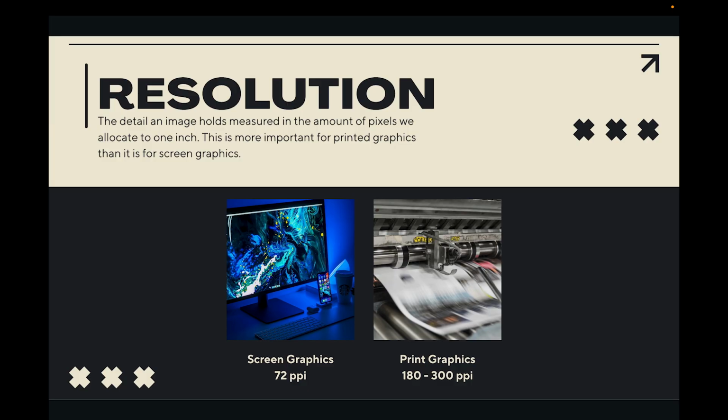So if you were to plug in an unreasonable resolution number, like a resolution of 1 or 10, it would really mess with the point system when you're using typography. It's going to mess with your rulers. So a good rule of thumb is to just keep your screen graphics at 72 ppi, but ultimately know that it doesn't actually matter. Resolution really matters for print graphics.